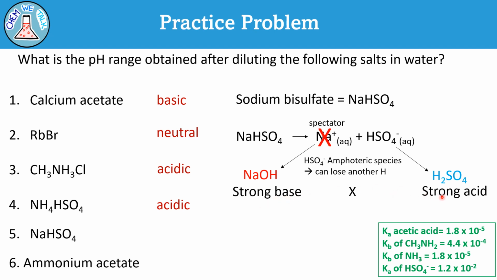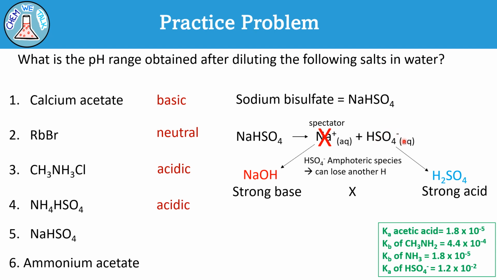But there's a problem. The Na+, which comes from a strong base, is in fact a spectator ion. But the problem is HSO4-, an anion coming from a strong acid, because H2SO4 is diprotic, it still has an extra hydrogen to be removed.